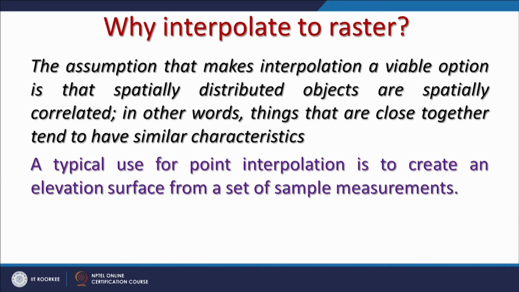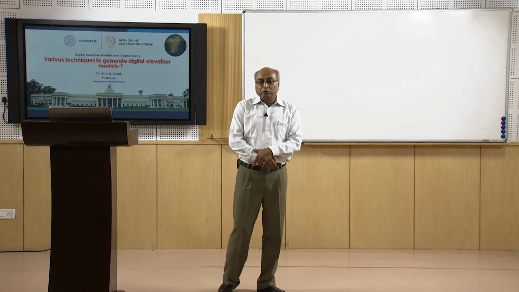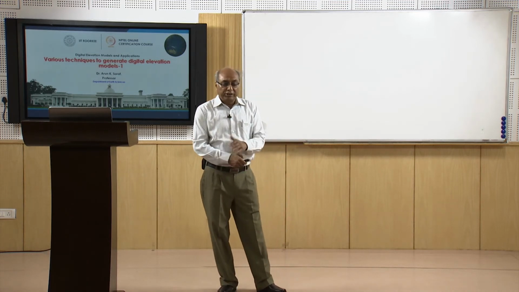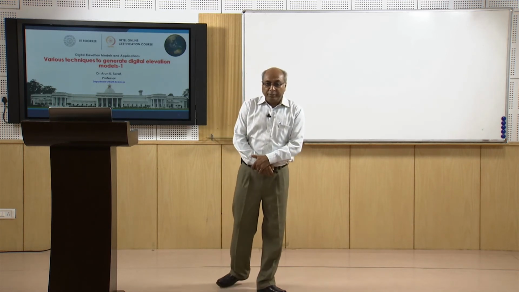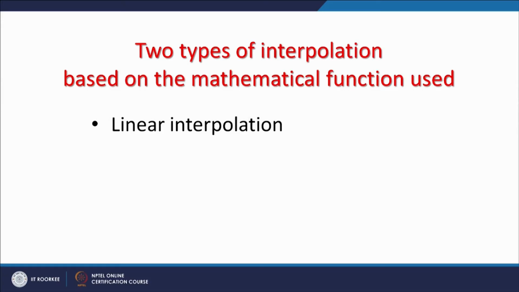A typical use of point interpolation is to create an elevation surface from a set of sample measurements. Two basic types of interpolation techniques have been implemented in GIS for creating digital elevation models, which are based on mathematical functions. One is linear interpolation, and the second one is non-linear.